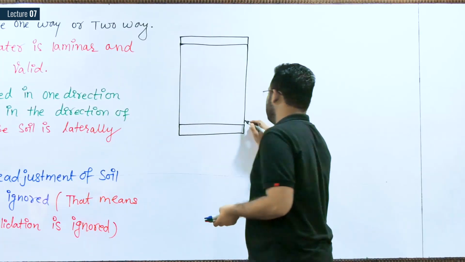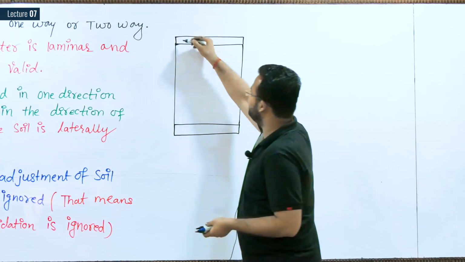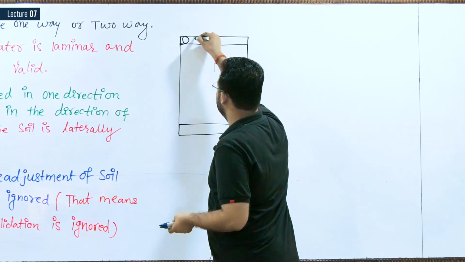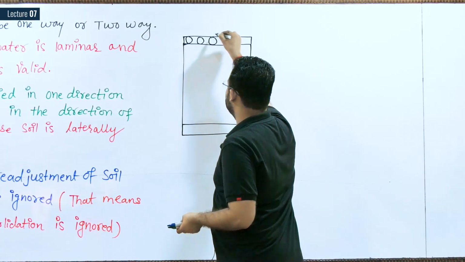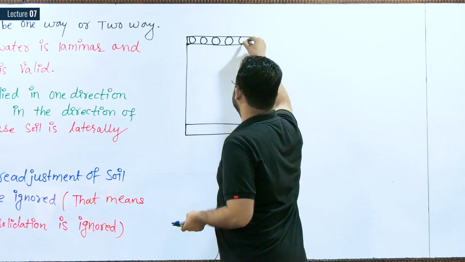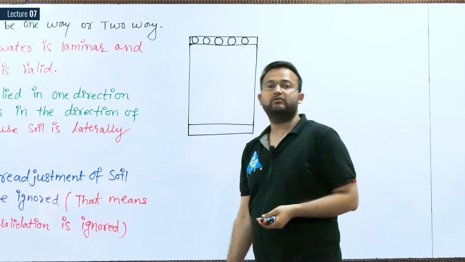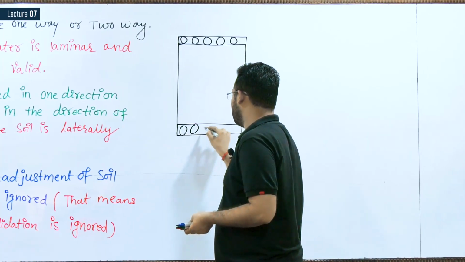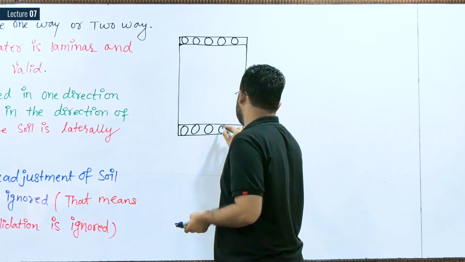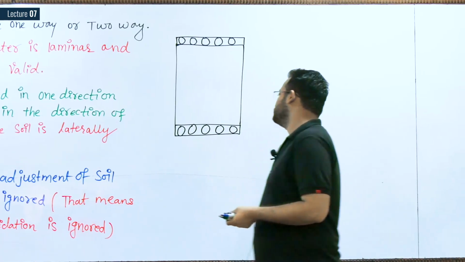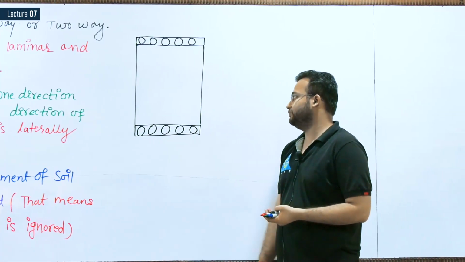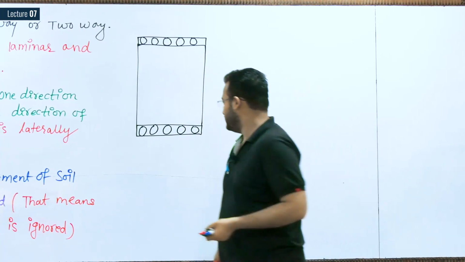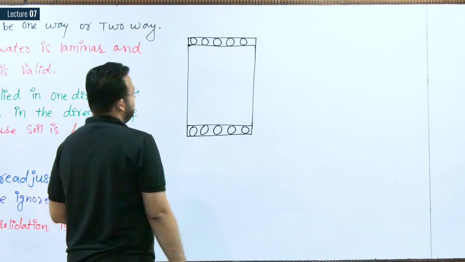Now you should ask me, what is a porous plate? A porous plate is a plate made of stone which has a number of voids. So we can have a number of voids, a number of pores in the plate, and so the plate is called a porous plate.